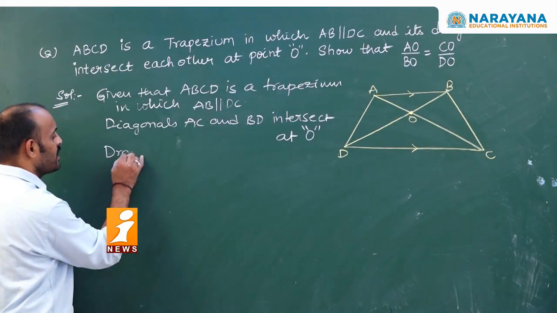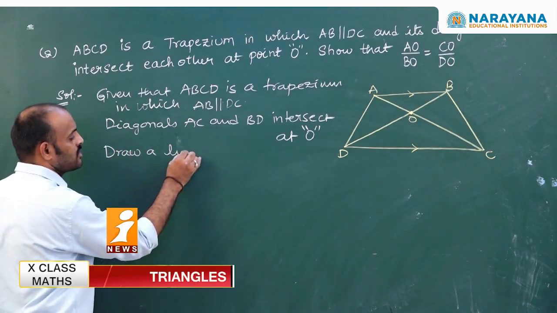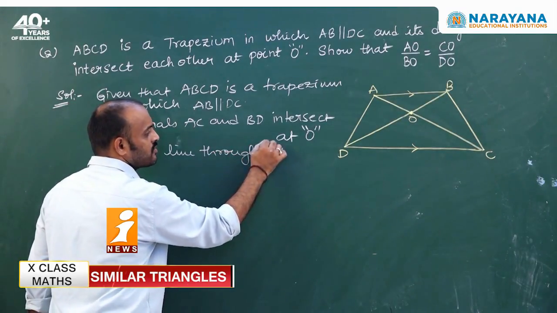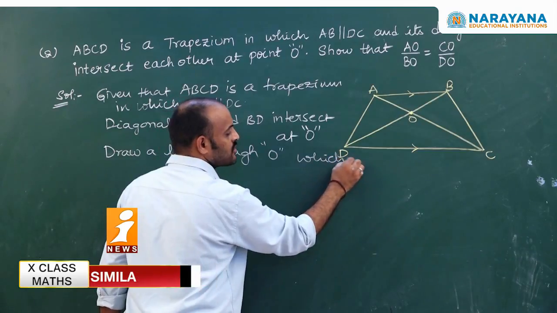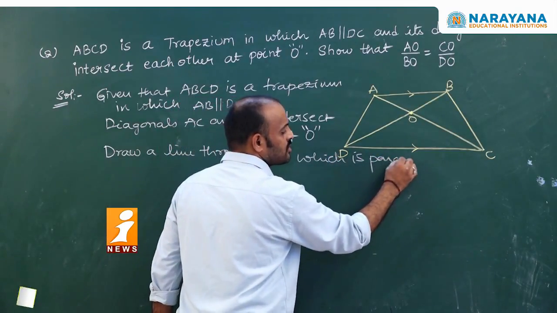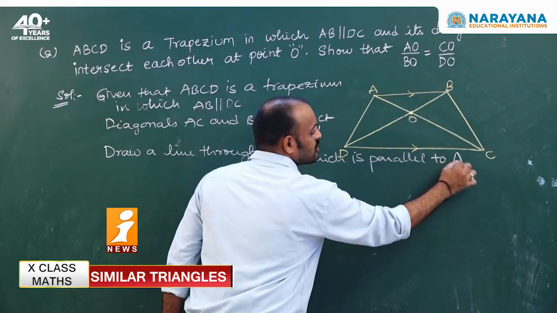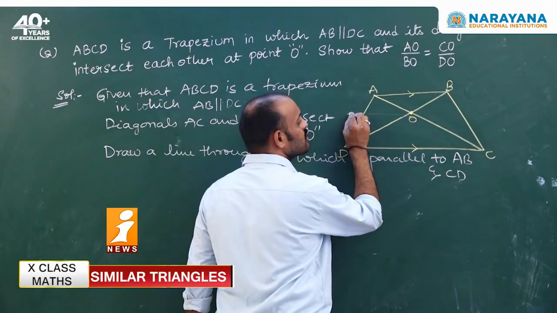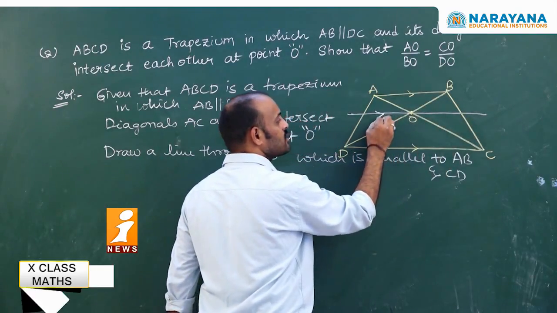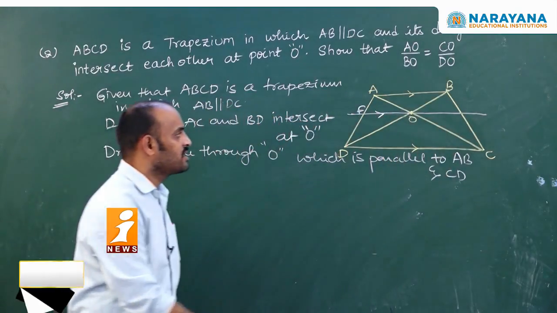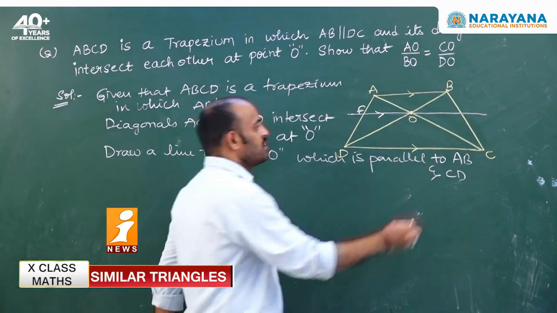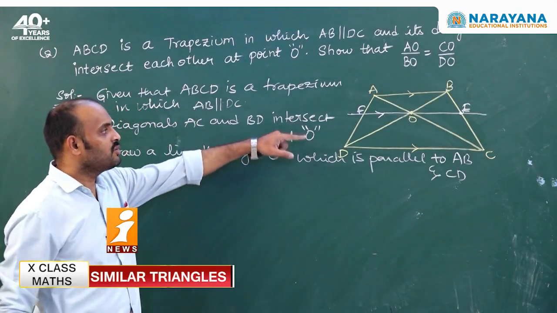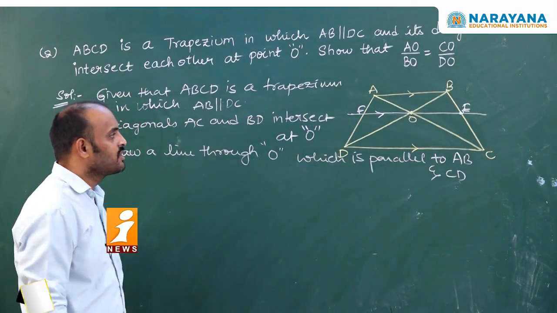Draw a line through O which is parallel to AB and CD. I am going to draw a line, let us name it EF. I have drawn an EF line parallel to AB as well as CD.